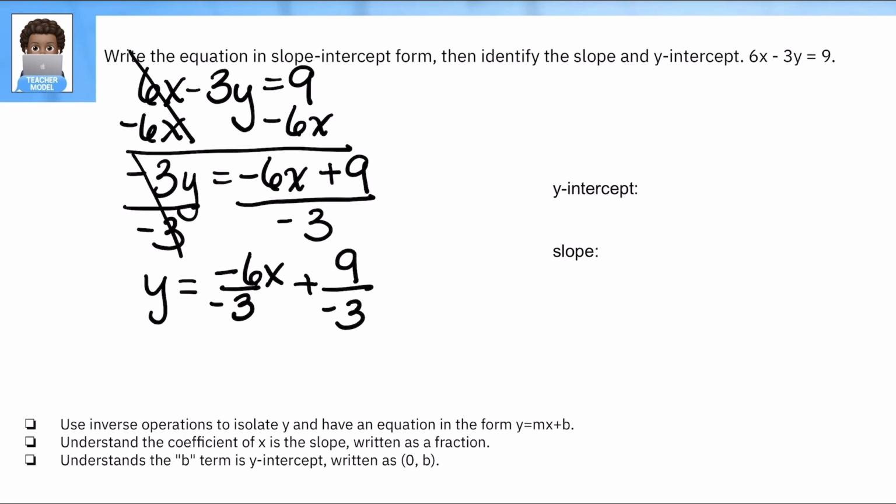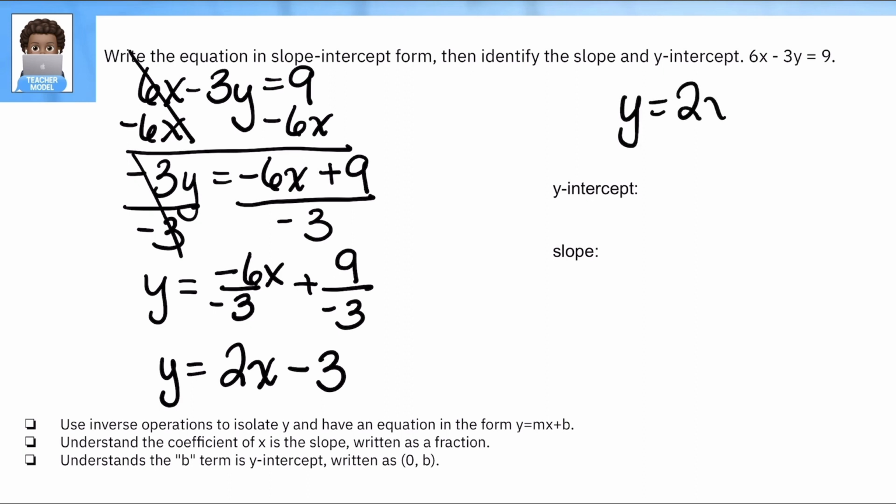All right, let's solve this last part. Simplify. -6 divided by -3 is 2x, and 9 divided by -3 is -3. Okay, now that we have this in y-intercept form, we can identify the b, which is right here, -3.